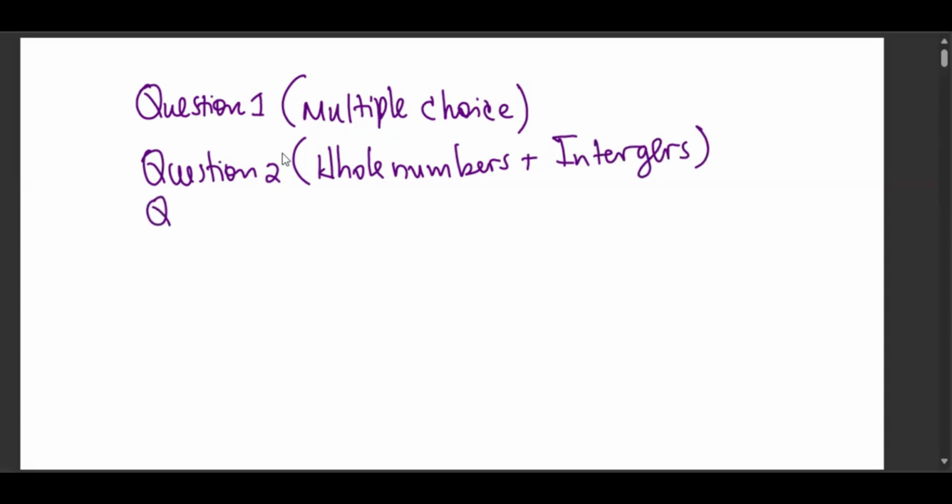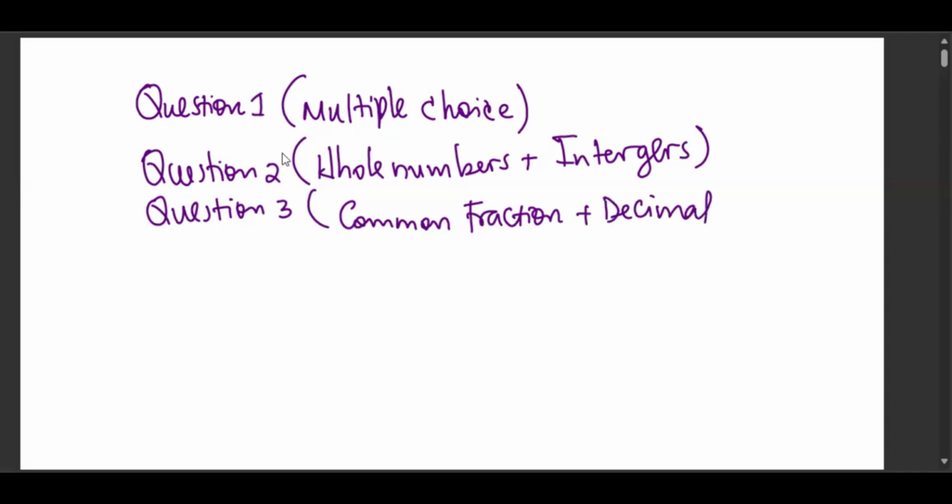Then question number 3. We shall look at common fractions and decimals or decimal fractions.